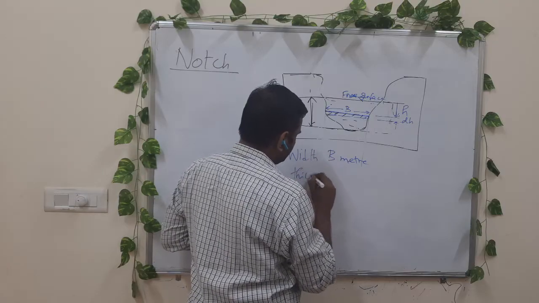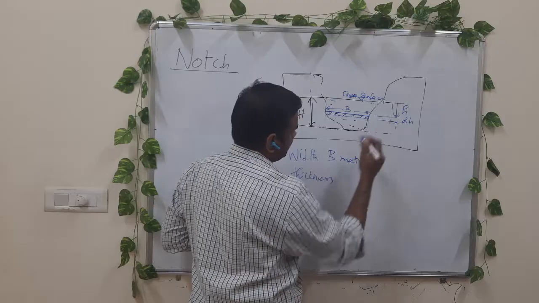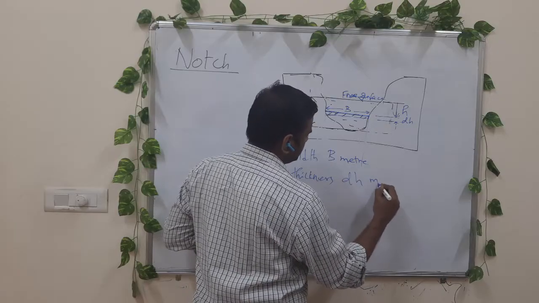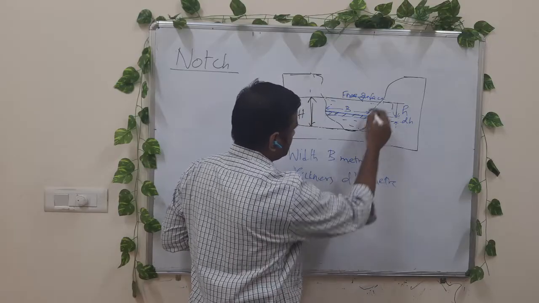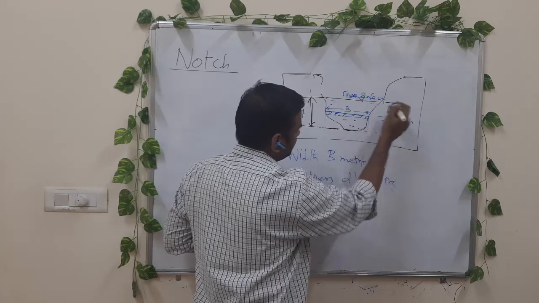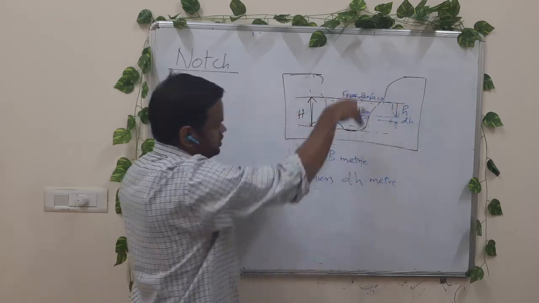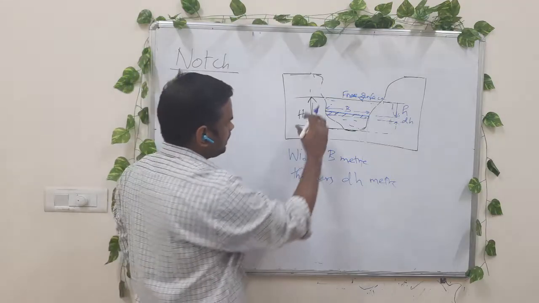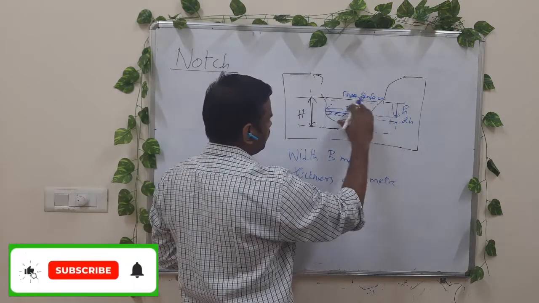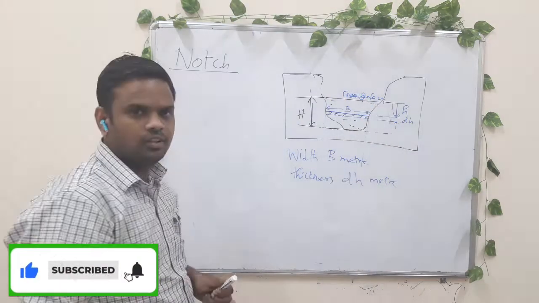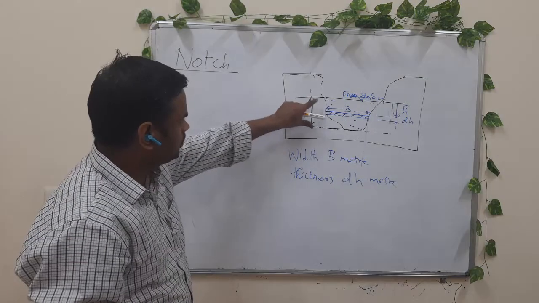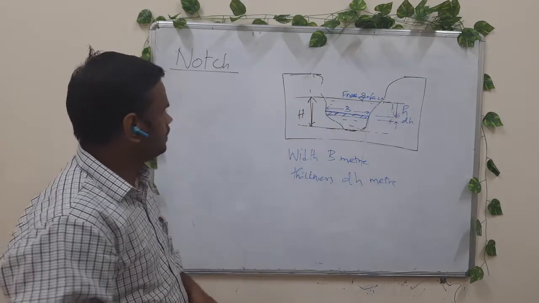The thickness of the plate is dH meters, and the element is situated h meters from the free surface. Let capital H be the total height of the fluid flowing through this notch.